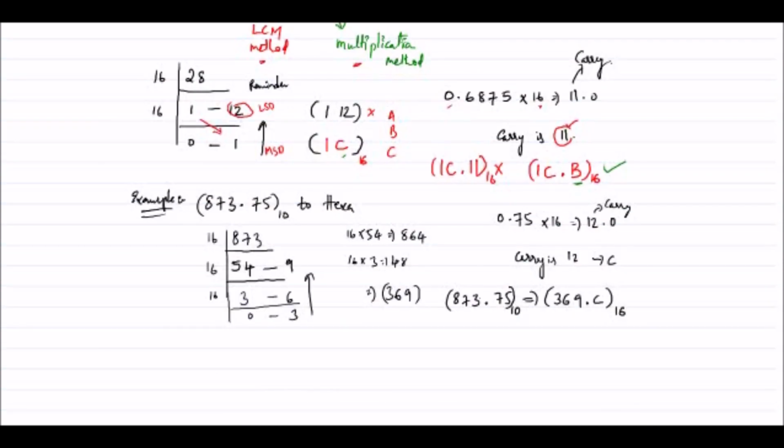Let us consider another example: 873.75 base 10, which has to be converted into hexa. For 873 we need to follow the division method, and for 0.75 we need to follow the multiplication method.